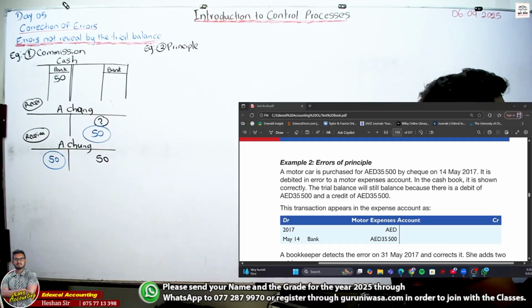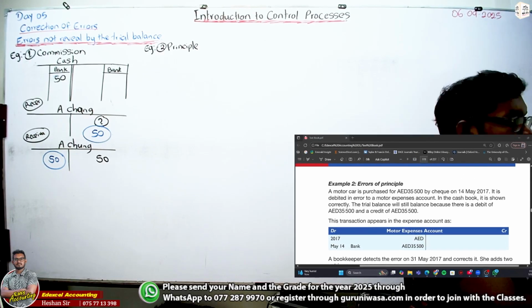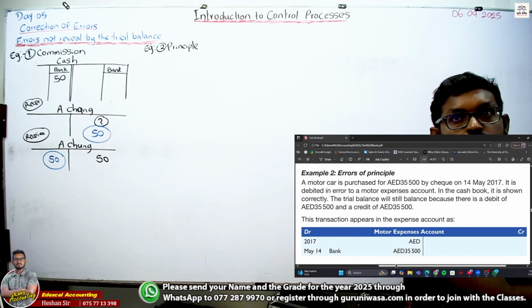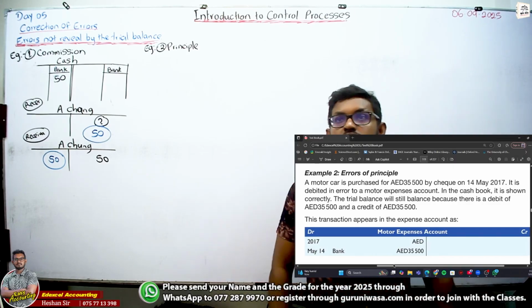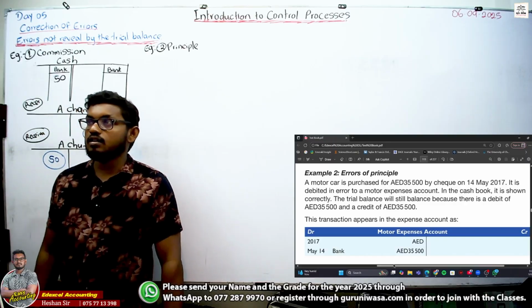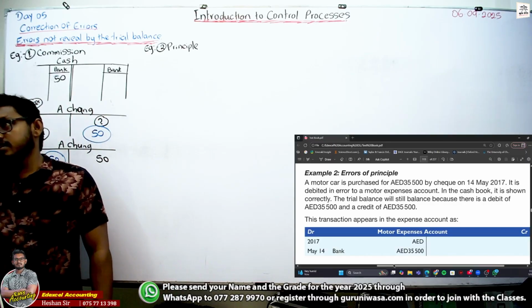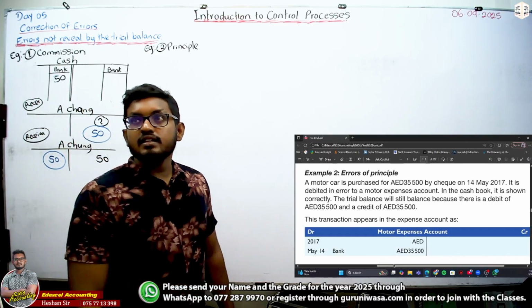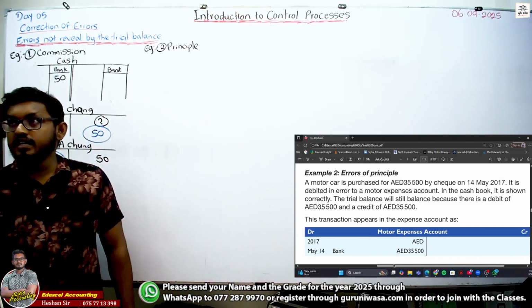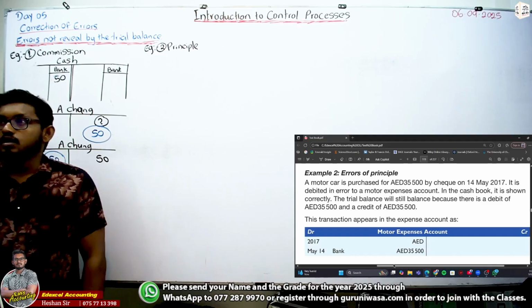Let's see what is the matter in here. A motor car is purchased for 35,500 by check on 14th April 2017. It is debited in error to the motor expense account.